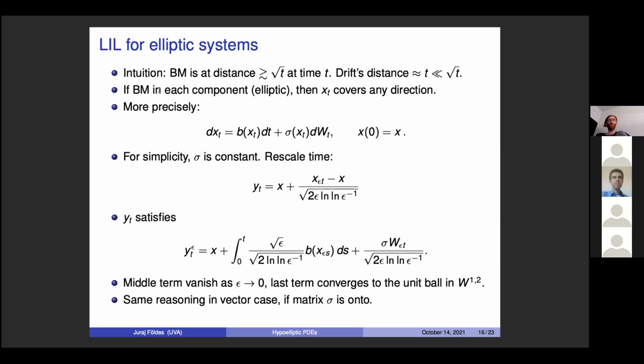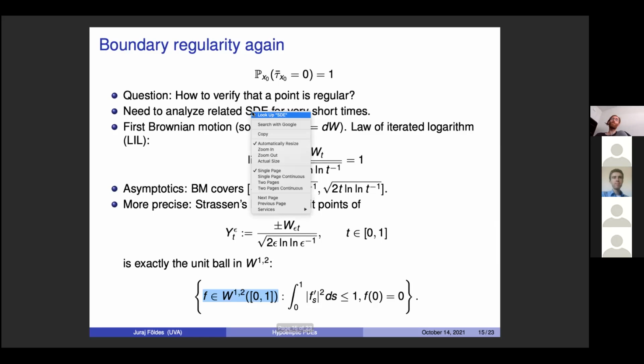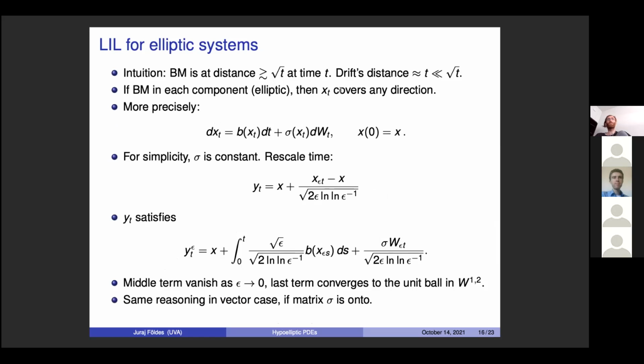Now, this is the intuition. The Brownian motion is going to visit everything, the points at a distance roughly square root of t times something else. Now the drift, the constant drift, which for these functions is assumed locally constant, is going to travel a distance roughly t.